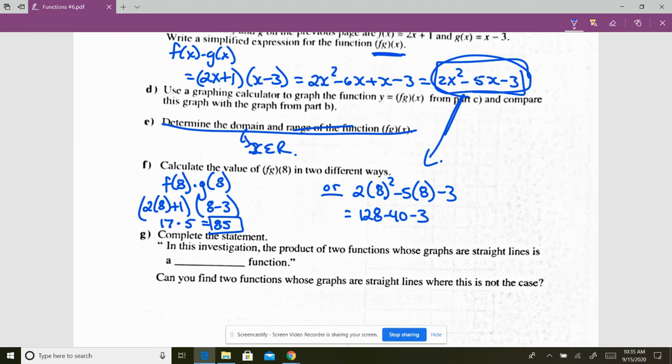Did we get 85 for both of those? We do. It's your choice in how you want to do it. I don't care. If you plug it into that or you do f of 8, g of 8 separately, it does not matter to me.